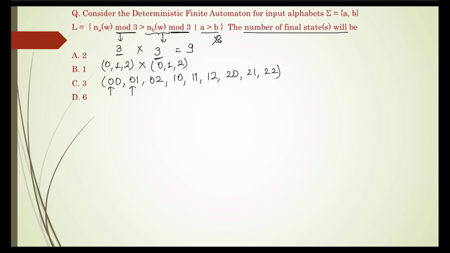Here the first digit will represent the number of A's in a string, and the second digit will represent the number of B's in a string.